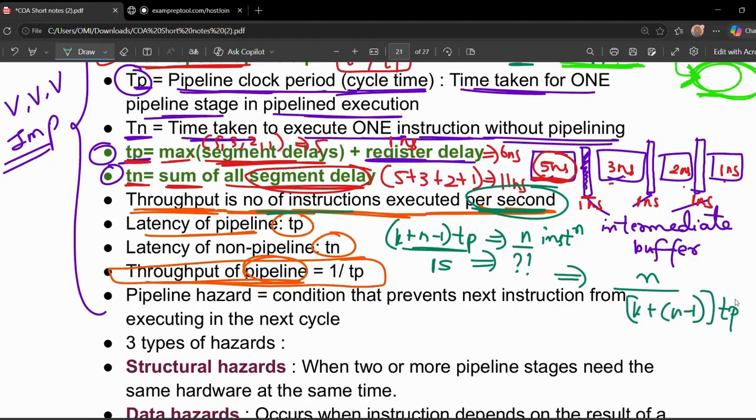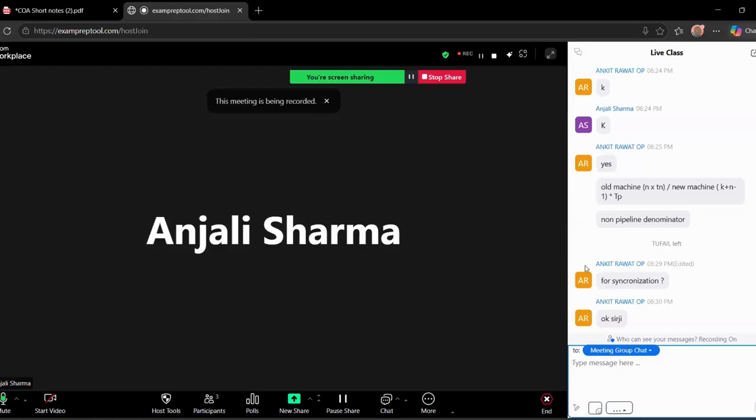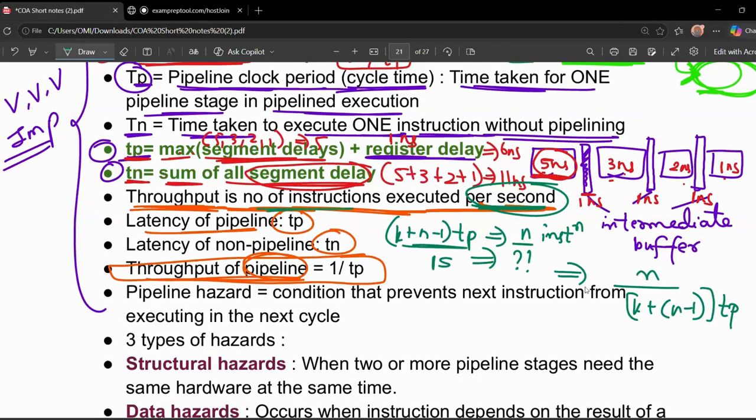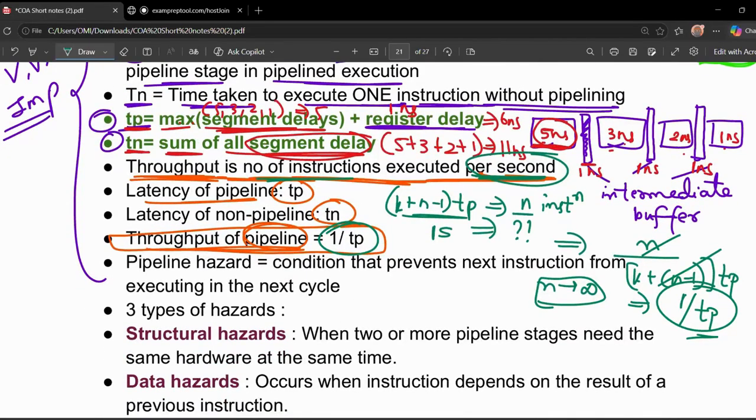But now take n to be very large, infinity. You can remove both the terms, numerator and denominator, so you are left with 1 divided by Tp. That's what is written here, 1 divided by Tp.